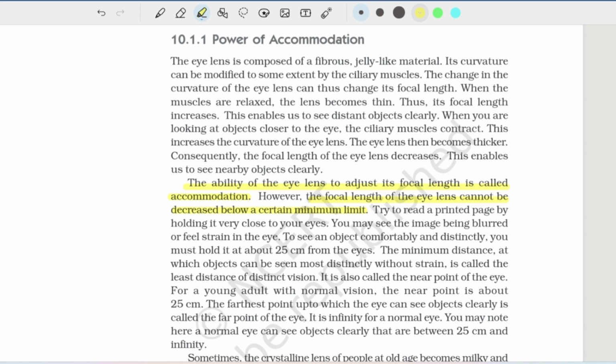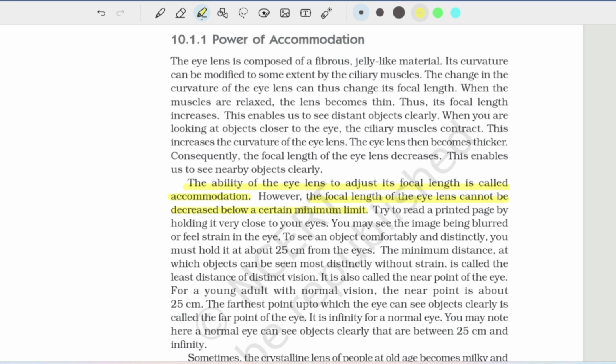Because the minimum comfortable distance from our eye is 25 centimeters. If something is 25 centimeters or more away from our eyes, our eyes are comfortable, not that stretched, and they are comfortably seeing the objects, right?